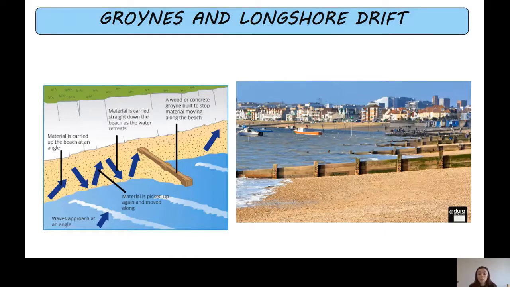But also, a wide beach means that the waves have to travel along that beach and the wave energy will decrease by the time it reaches the coast and where you have housing there, which means there won't be any erosion. So a wide beach is an important method of slowing down coastal erosion.